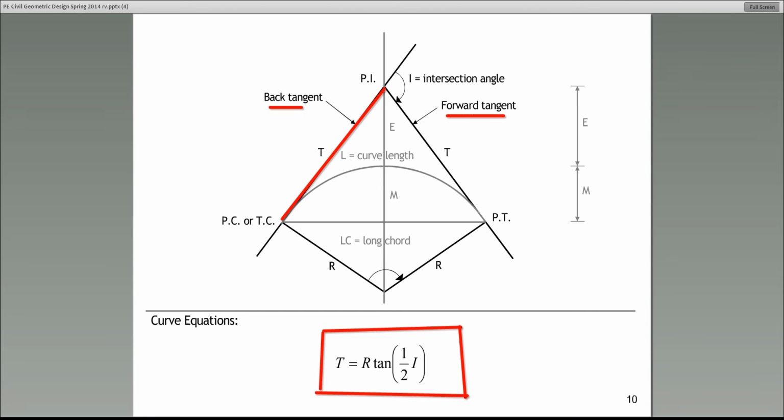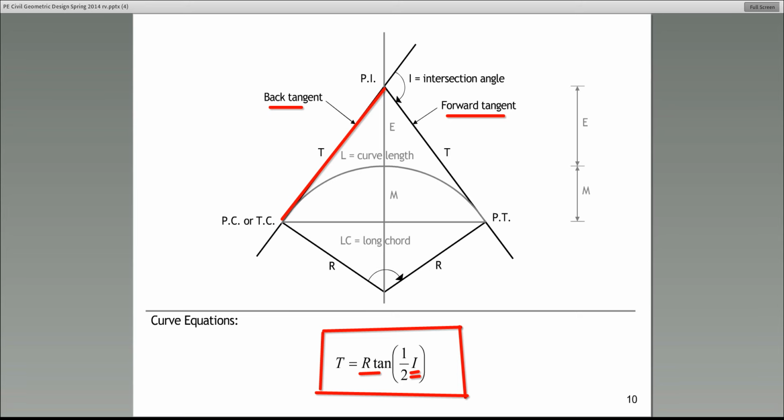Then we have in this equation R, which we already talked about, it's the radius. And then there is this third parameter, which is I. Now, you need to understand exactly what that I is. That's an angle.